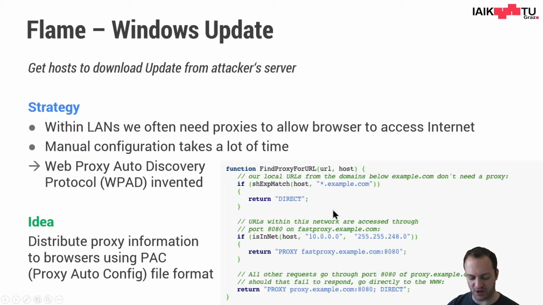This is simple JavaScript, or very similar to that. You'd say, for example, for any host in example.com or any subdomain of example.com, you would not use a proxy. For anything in this private network, you would probably route it over my proxy, and any other request would go over the proxy or directly to the internet.